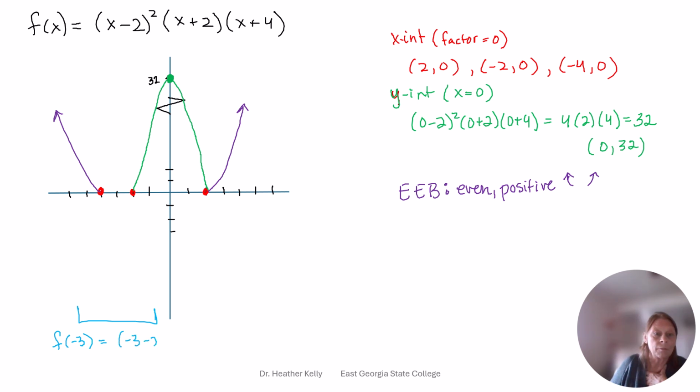So (-3 - 2) squared times (-3 + 2) times (-3 + 4). So this gives us 25 times -1 times 1 gives us -25.